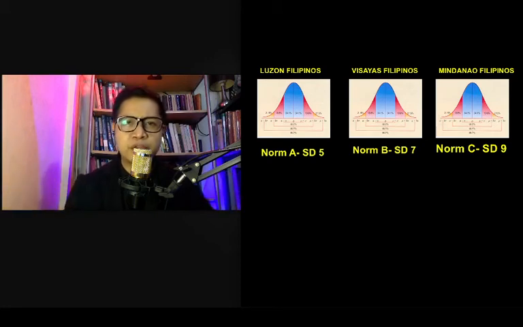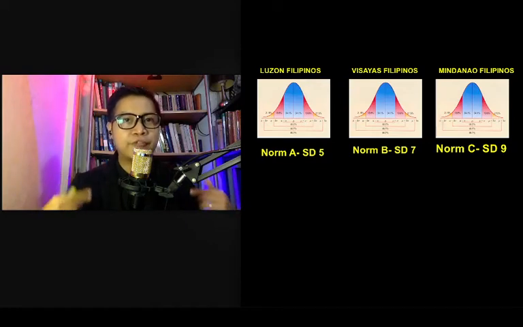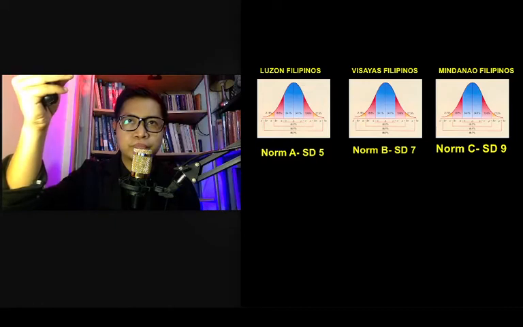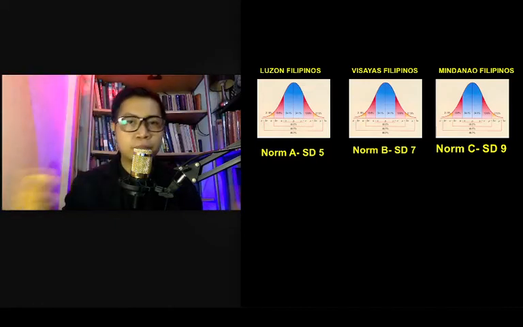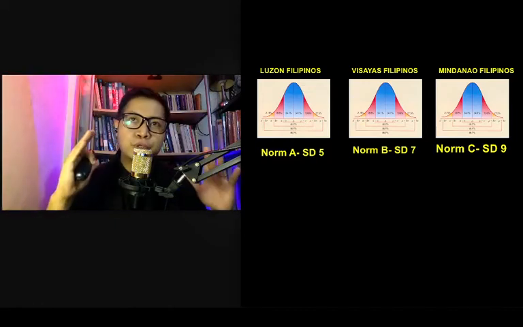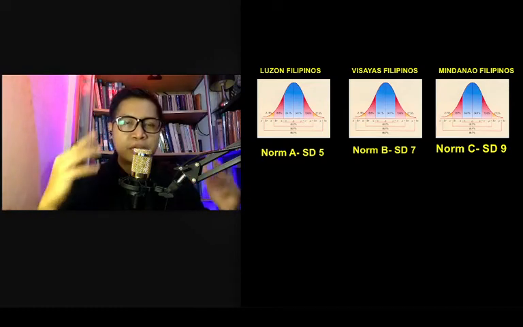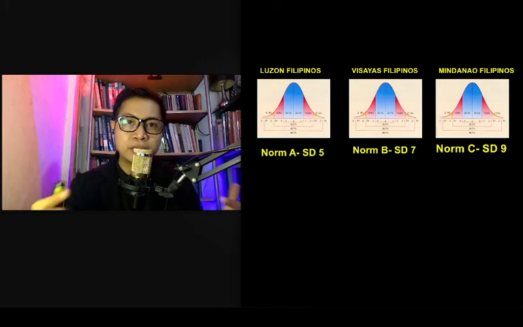And standard deviation, if you remember our discussion before, napakahalaga niyan because this will determine the meaning of the raw score. The standard deviation will affect kung saan babagsak yung raw score within the area of the normal curve. Diba? Yung laki ng bawat area ng normal curve that will give meaning to the score is highly dependent on the size of the standard deviation.